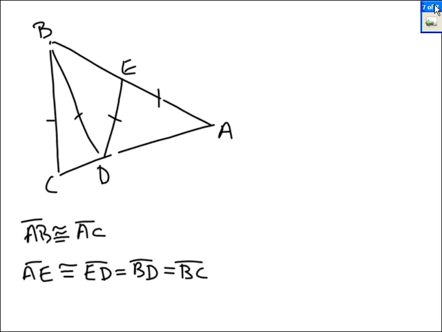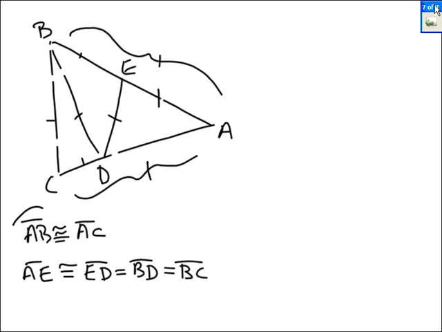And AB and AC, they're equal. Which tells us that this angle and this angle are equal to one another. We'll talk about that in a moment.